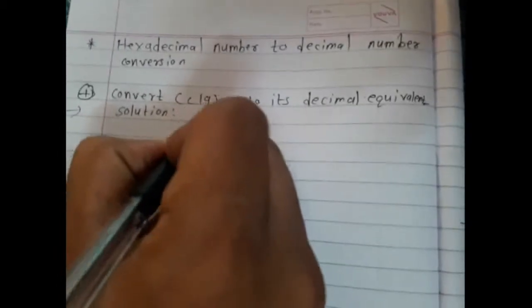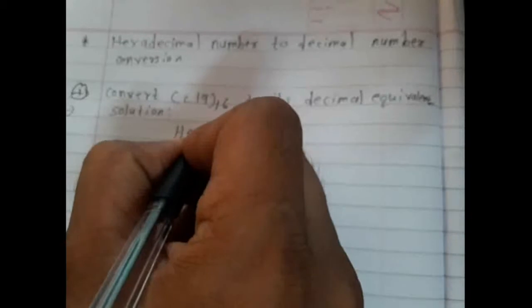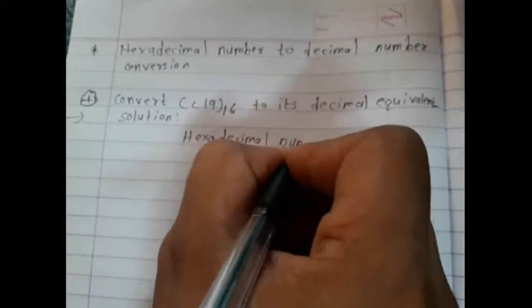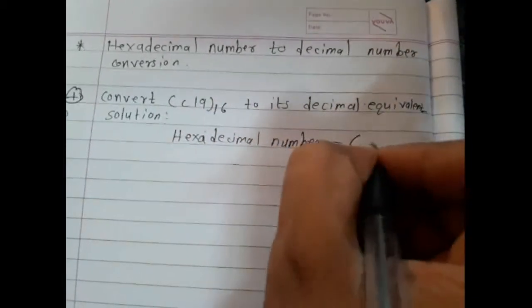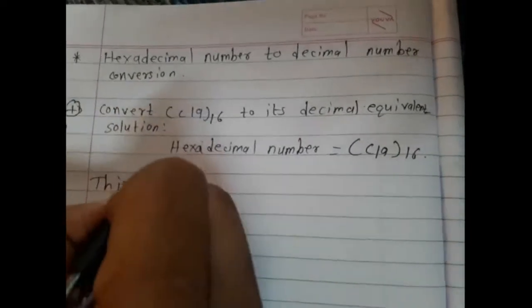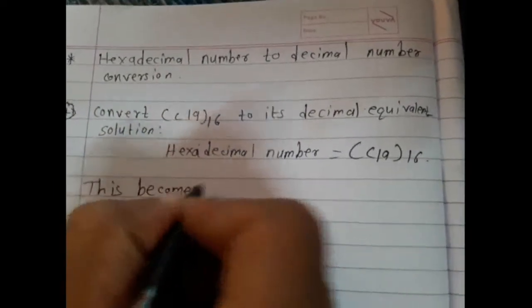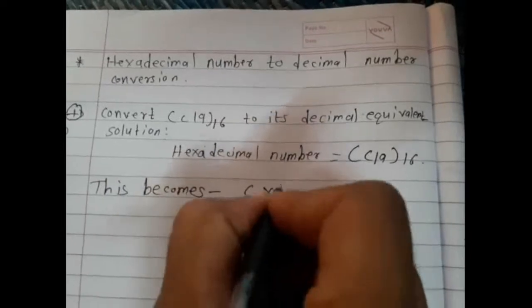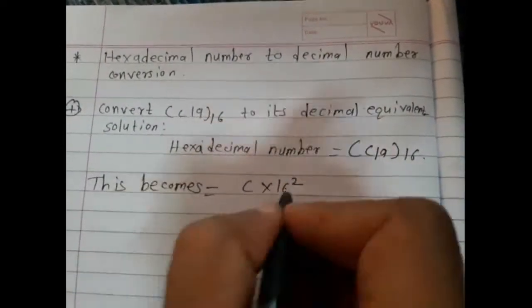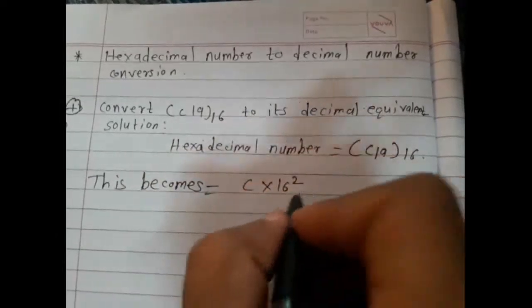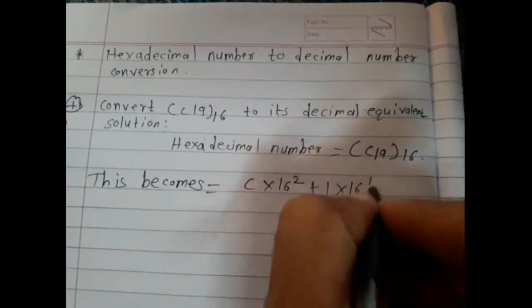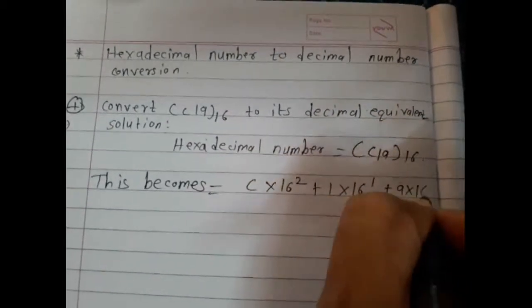Hexadecimal number is equal to C19 base 16. This becomes C into 16 square. C means the value of 12. Plus 1 into 16 raised to 1, plus 9 into 16 raised to 0.